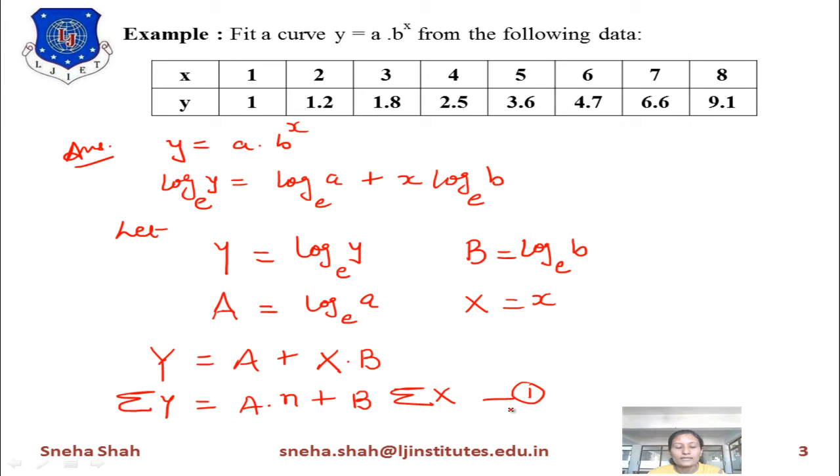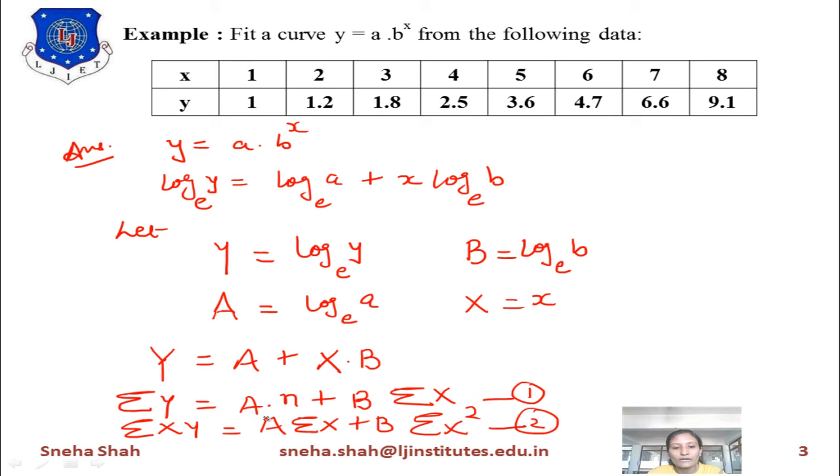Now equation number 2 will be multiplied by x, and then we take the summation. So summation xy equals a summation x plus b summation x square. Now we find the values of summation y, summation xy, summation x and summation x square, and put those values in these equations.